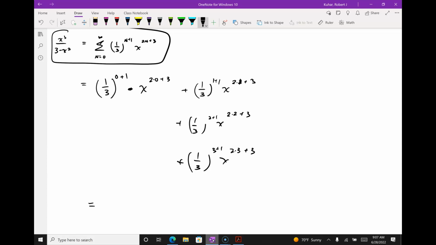So I get 1/3 x cubed plus 1/9 x to the 5th. Okay, now I know it's 3, 5, 7, plus 1/27 x to the 7th. I go one more, plus 1/81 x to the 9th.